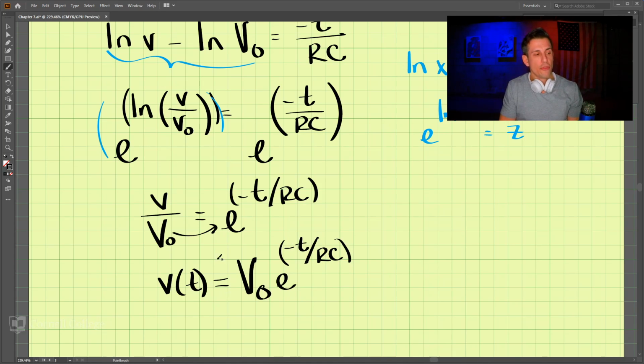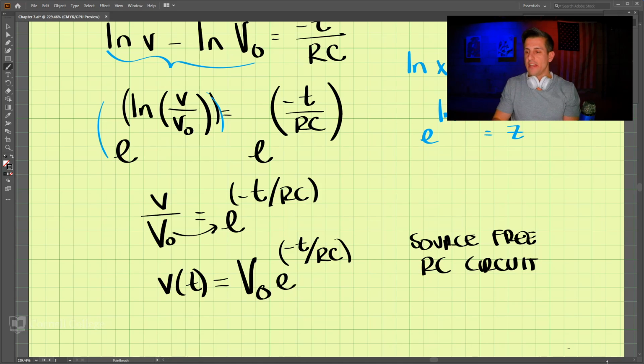Okay. So this is our first order differential equation for a source-free RC circuit. And we have a special name for this too.